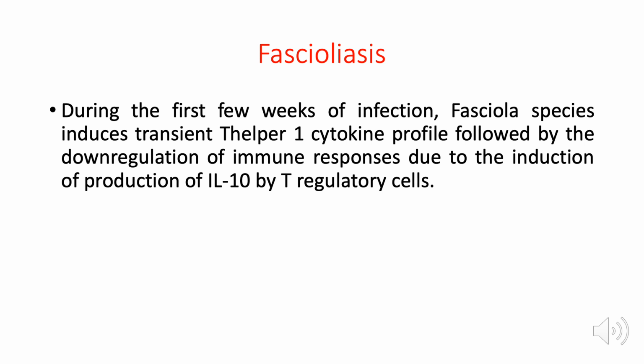But later on, especially in the chronic phase, the parasite can stimulate the T regulatory cells to produce interleukin 10. And interleukin 10 is an immunosuppressive cytokine. So therefore, it can suppress the immune responses. Thereby, the patient will not exhibit any sign or symptom.